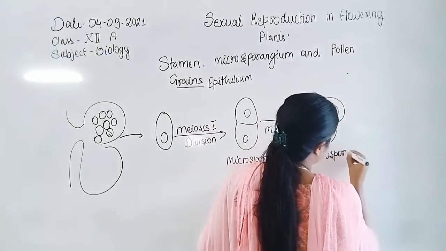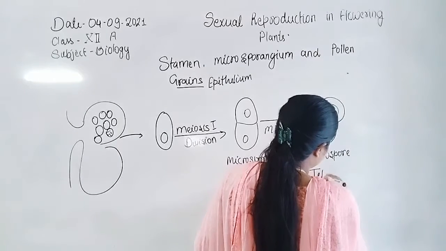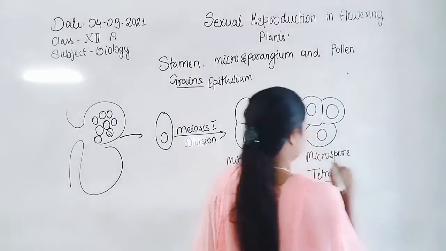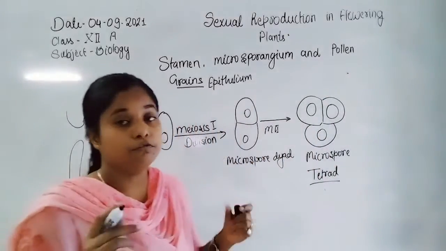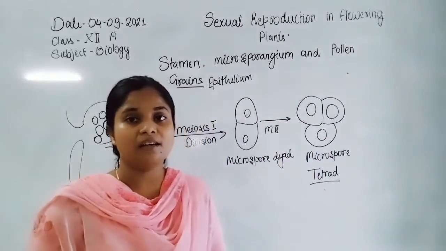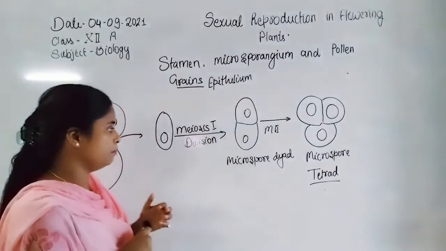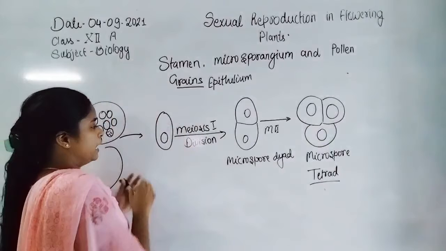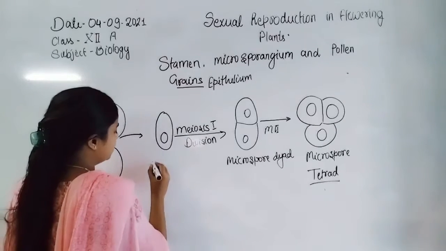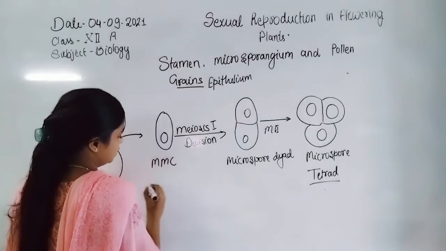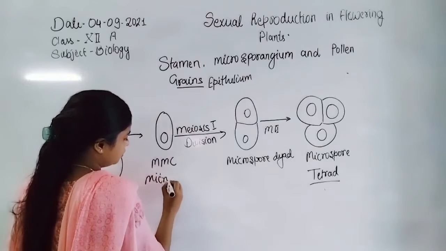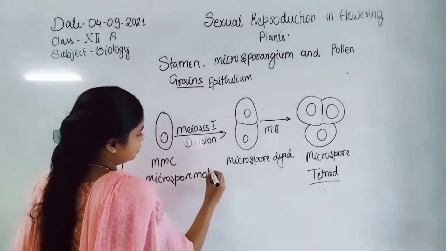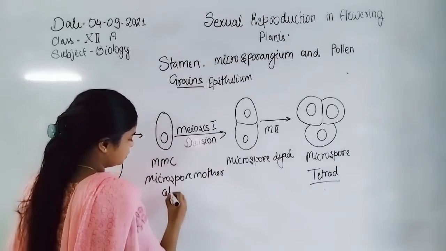Microspore tetrad structure, where the four cells get formed by the single meiosis division of the microspore mother cell.